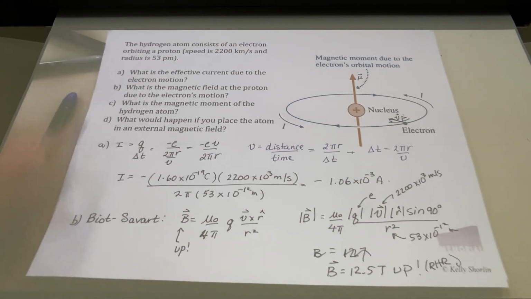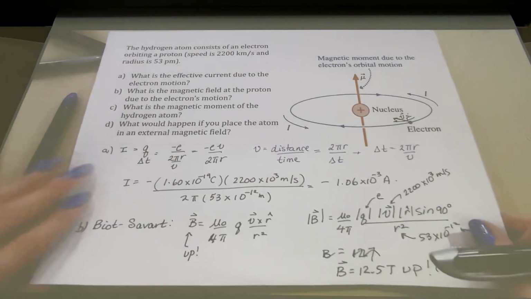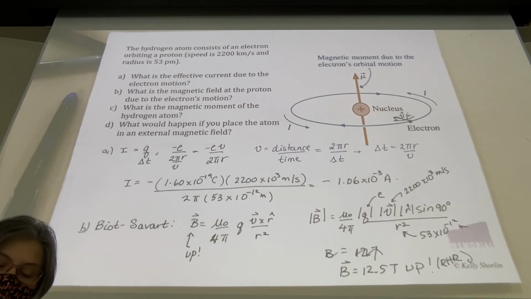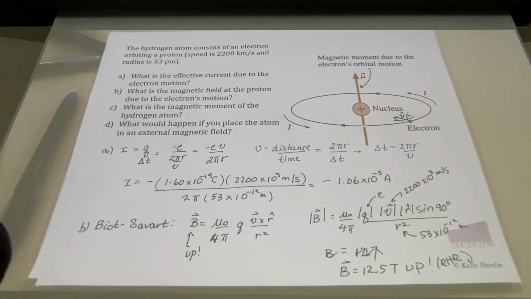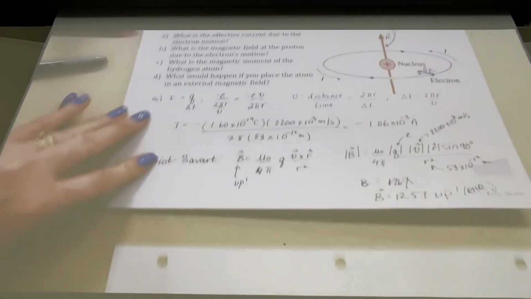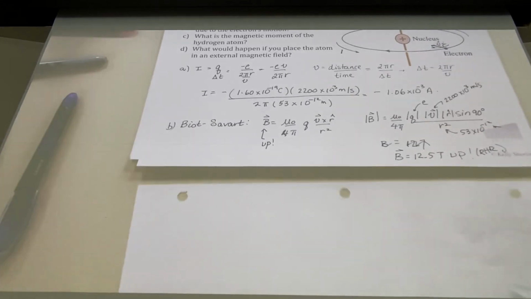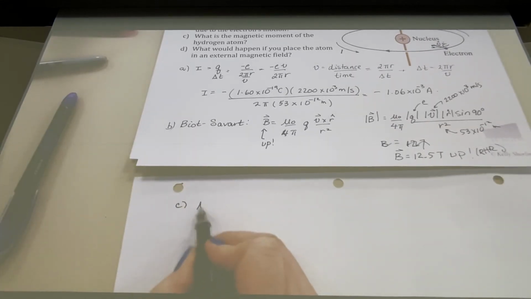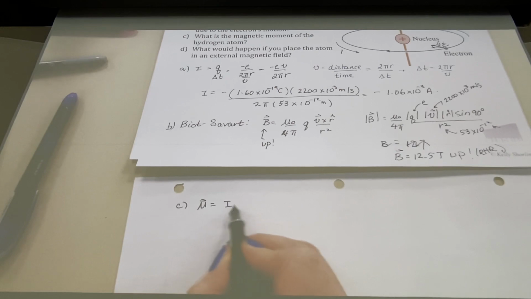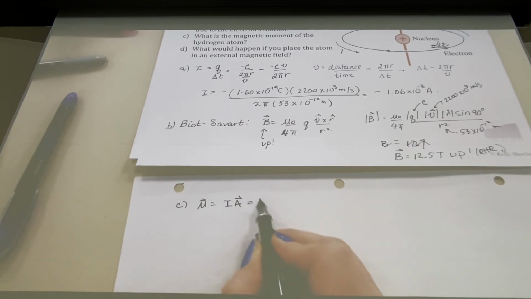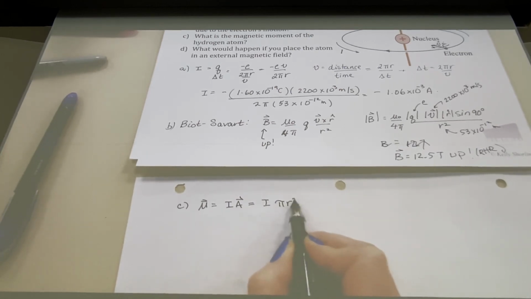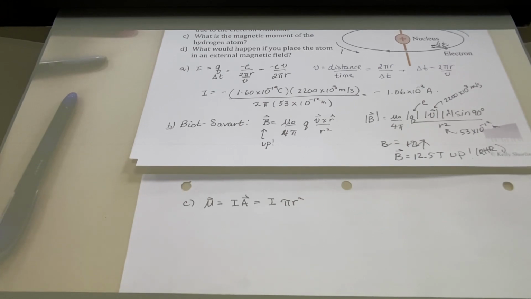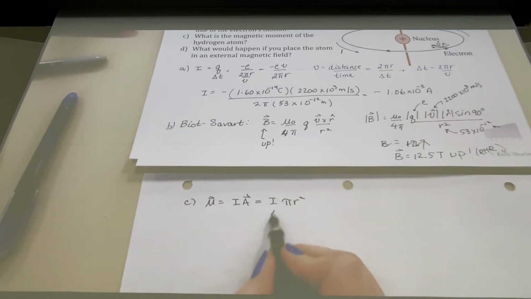Part C, what is the magnetic moment of the hydrogen atom? Here's where we remember the definition of magnetic moment. Magnetic moment is current times area, so that's current times pi times R squared. We found the current, and we know our radius.